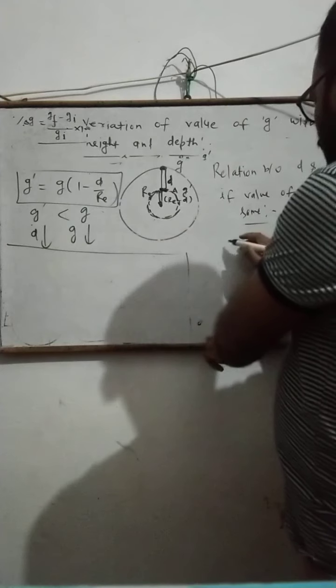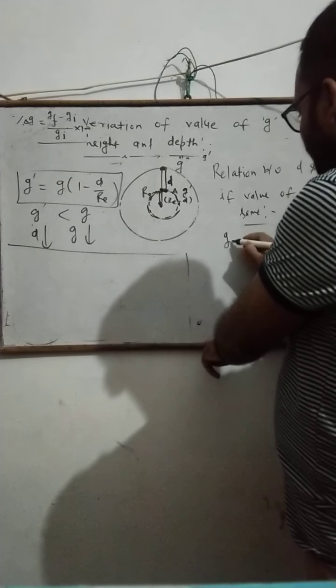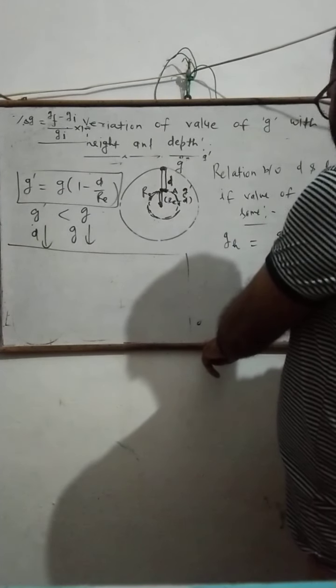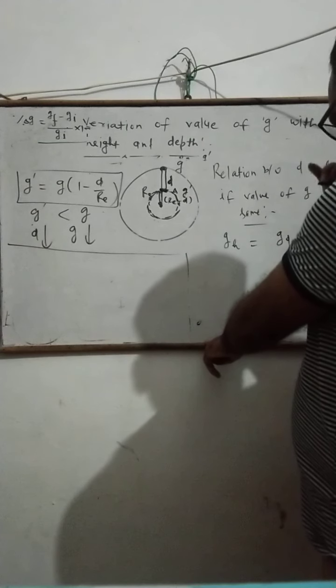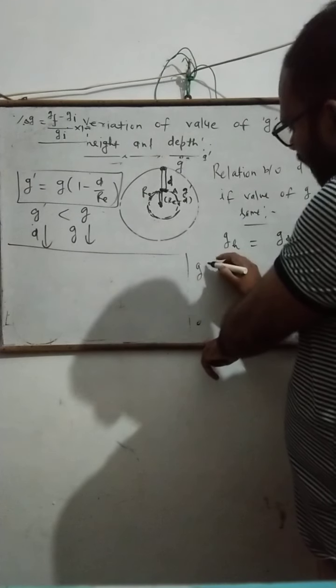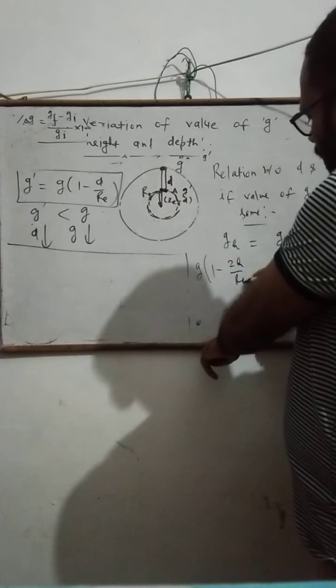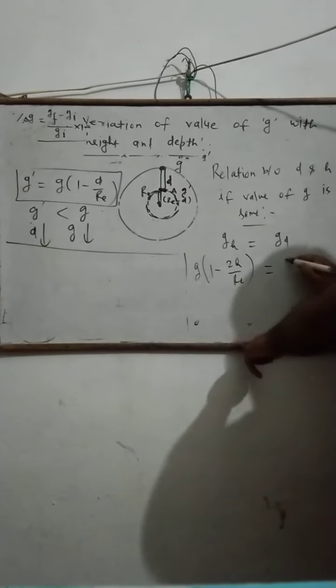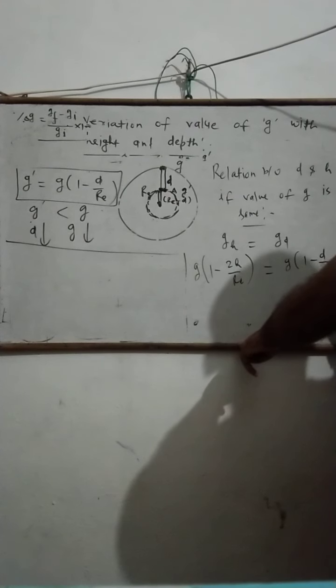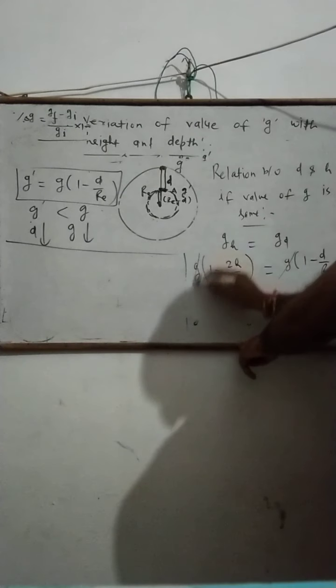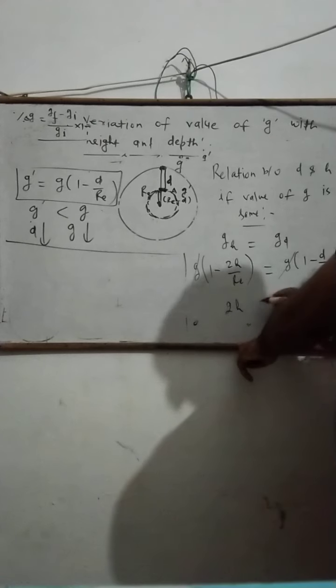Okay, so here g at height equals g at depth, and the value at height was g (1 minus 2h upon RE), and here g (1 minus d by R). g will be cancelled out. It will come 2h equals d.